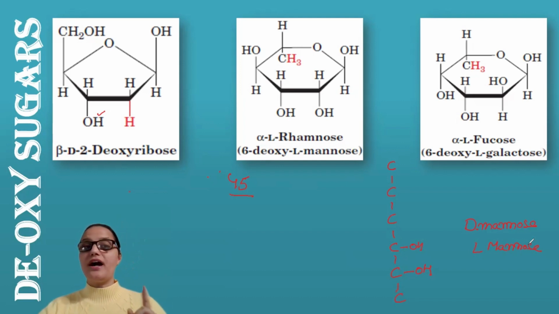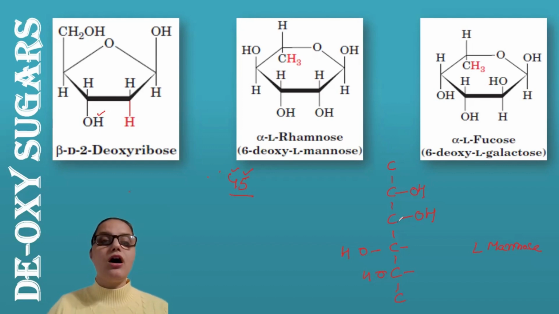So right now, as we are dealing with L-mannose, not D-mannose, the hydroxyl groups on carbon number 4 and 5 will be present on the left hand side. It means on carbon number 2 and 3, hydroxyl groups will be present on the right hand side. This is totally opposite of the D form, and that is why this is an enantiomer. An enantiomer is the mirror image.